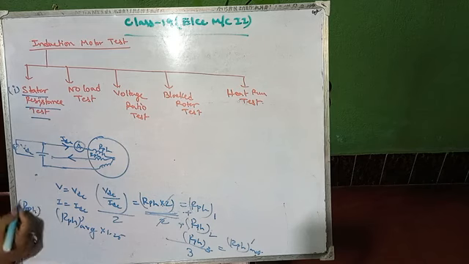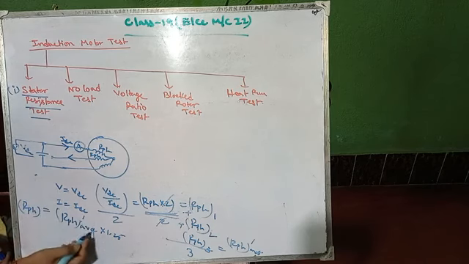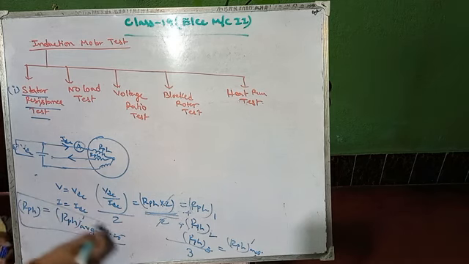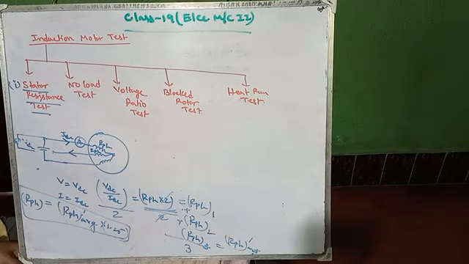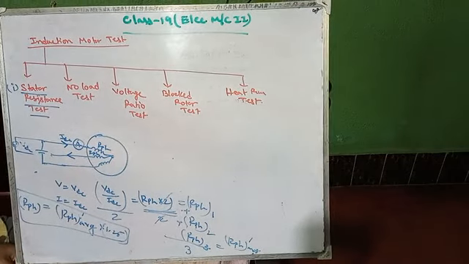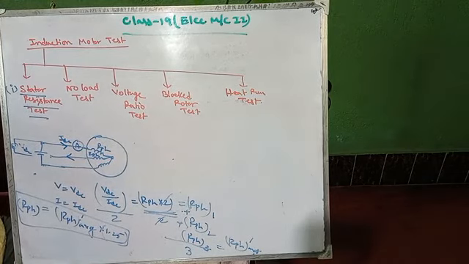This 1.25 is a multiplier used to convert the DC value to the corresponding AC value. So this is all about the stator resistance test concept.